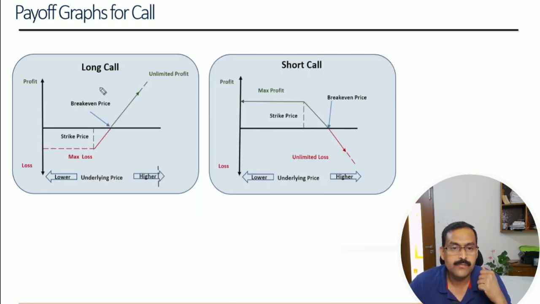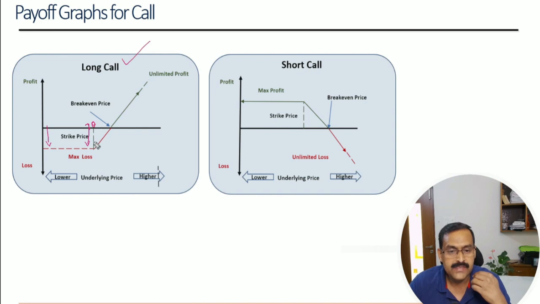Here are two payoff graphs. One is the long call option payoff graph and the other is the short call option payoff graph. For the long call option payoff graph, let us assume that the strike price is here and you have paid this much of premium, which is the maximum loss. So that is why it is showing you the maximum loss is this much only. And in the long call option, what are you expecting? The market or the instrument to go up so that you can make money.